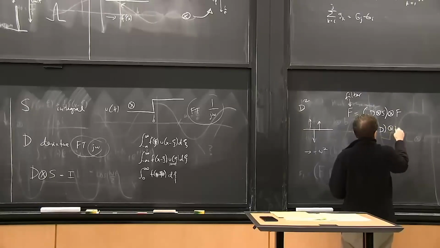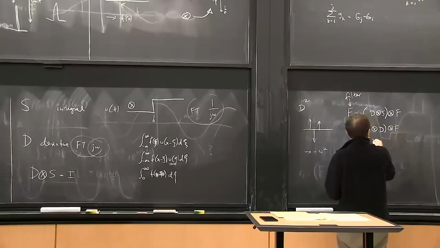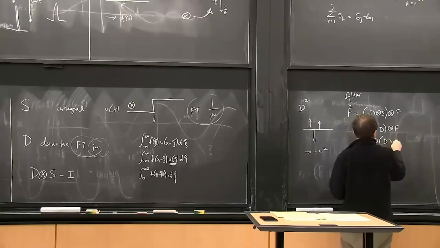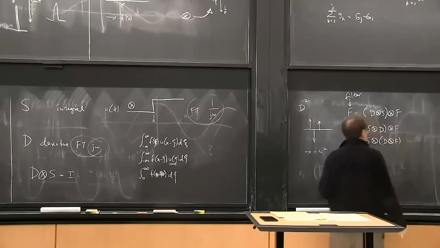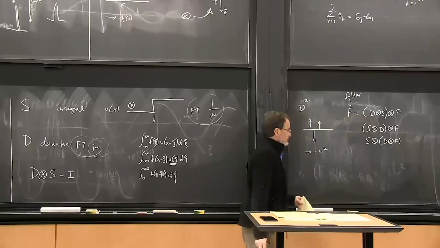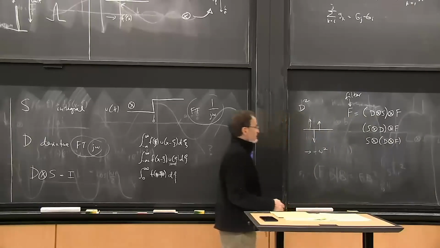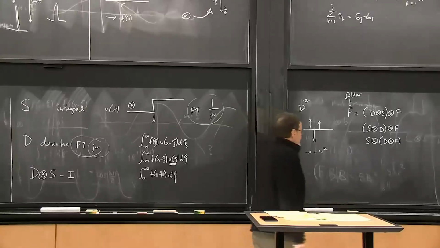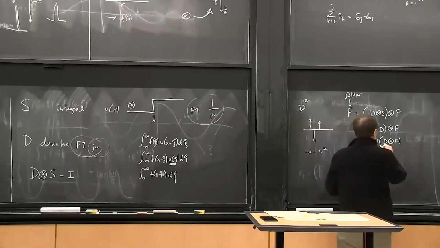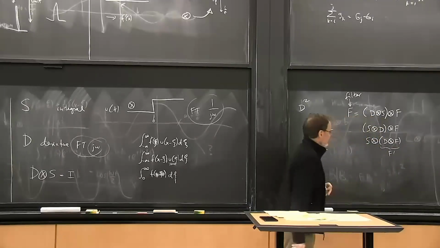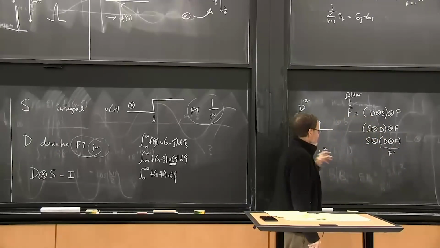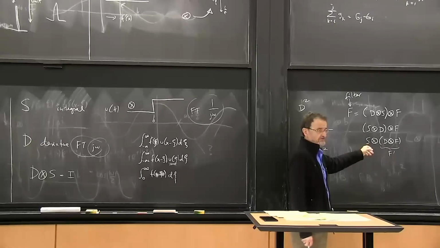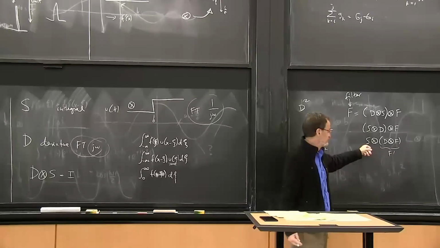So let's start there. And then we can use associativity to write it this way. So what this says is that to apply the filter F, what we can do is instead apply this filter, let's call it F prime, and we don't get the answer we want, but we can get the answer we want by integration or summation from left to right.